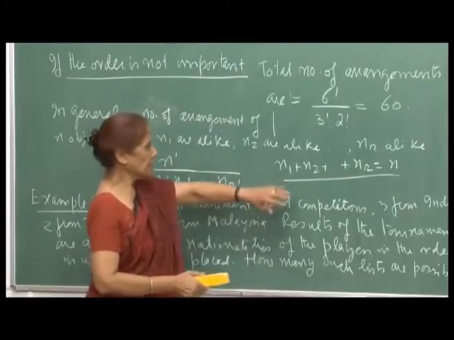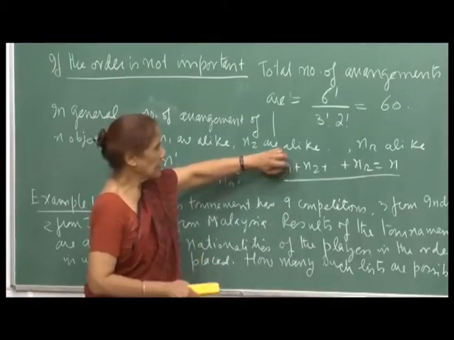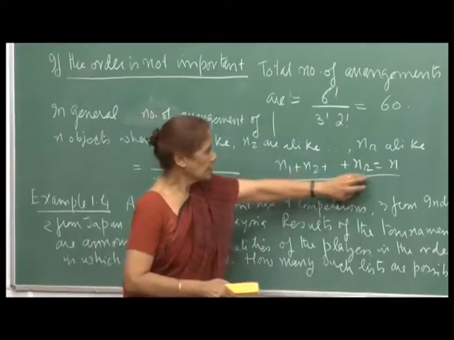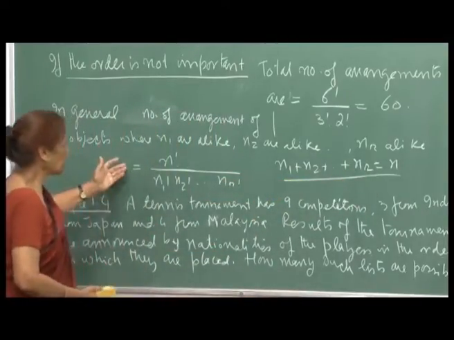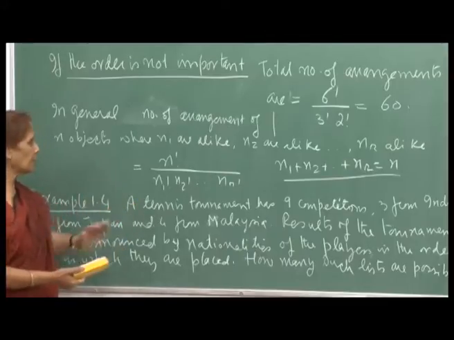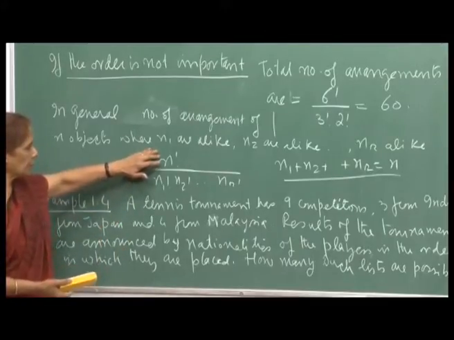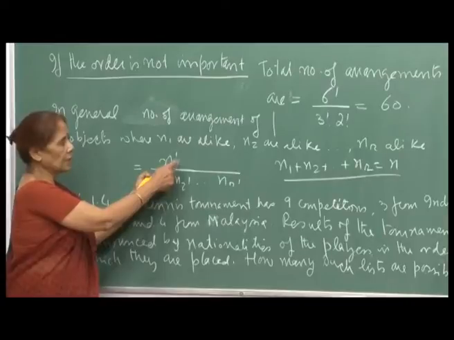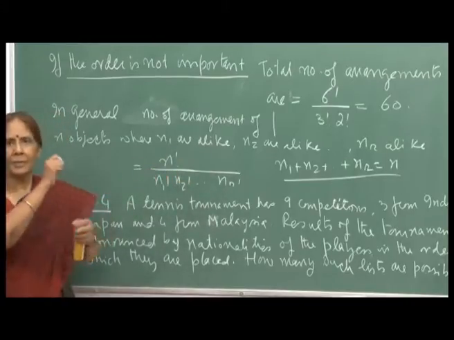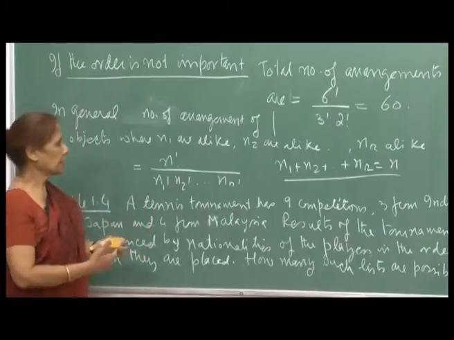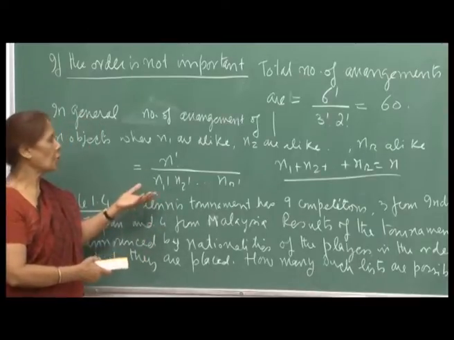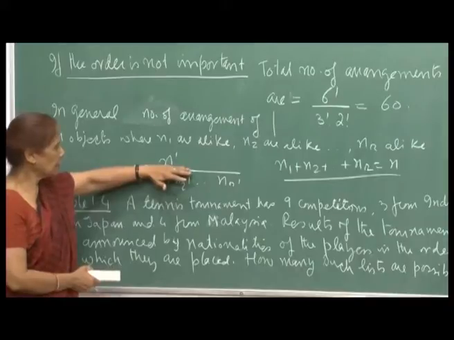So, you have n objects, but n1 of them are the same, then n2 are alike, and similarly nr of them are alike. And in that case, when I want to arrange the n objects, n factorial would be the arrangements of n objects when I am distinguishing between each of them, whatever the way of distinguishing the objects, whatever it is. So, that was the total arrangement.